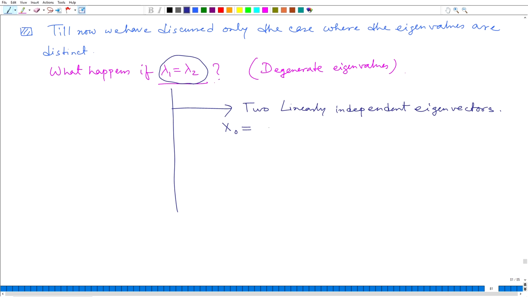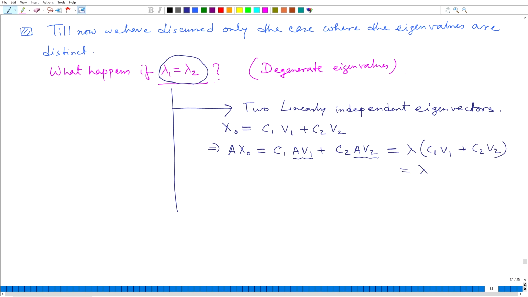state vector as x0 is equal to some c1 v1 plus c2 v2, but now if you just apply A on x0, that will simply give you c1, just a constant, A v1 plus c2 A v2. But now both A v1 and A v2 give you lambda times v1 and v2. So, you will have lambda times c1 v1 plus c2 v2.